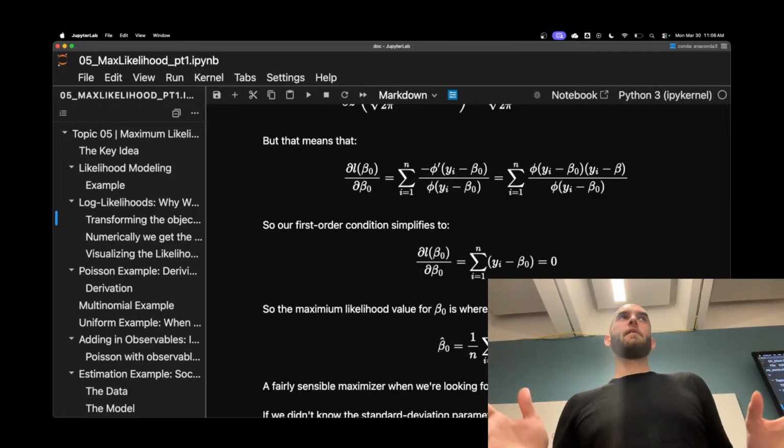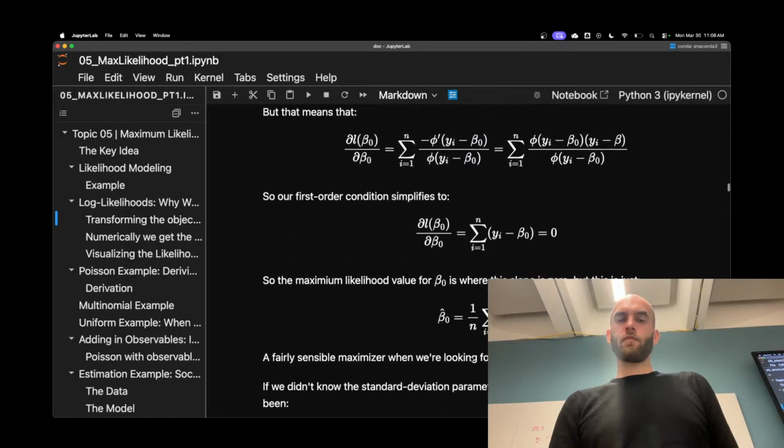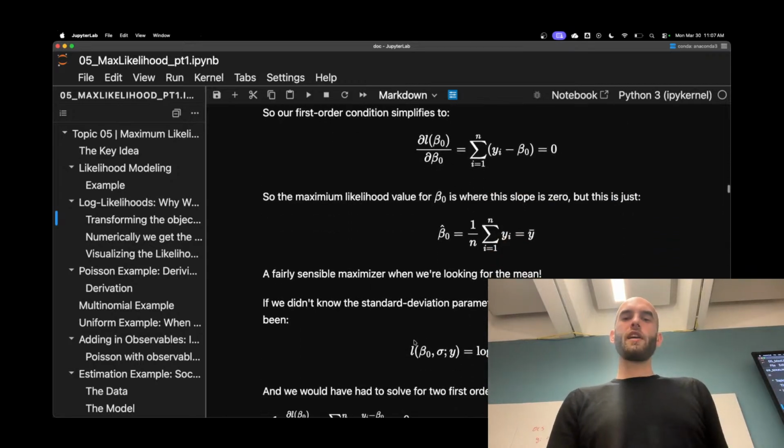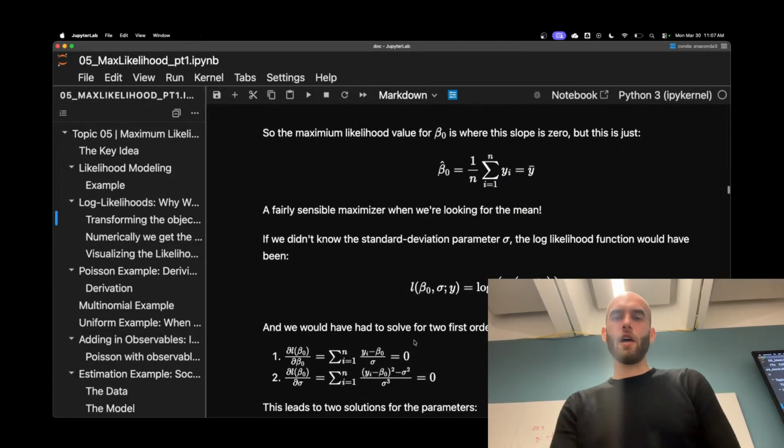And then we just divide by n, which gives us this thing. If I were constructing a maximizer for the likelihood function, I would probably pick this. Without doing any work, what would I expect? It would be exactly this: let's pick a distribution centered on the average of our data, which is exactly equal to OLS.